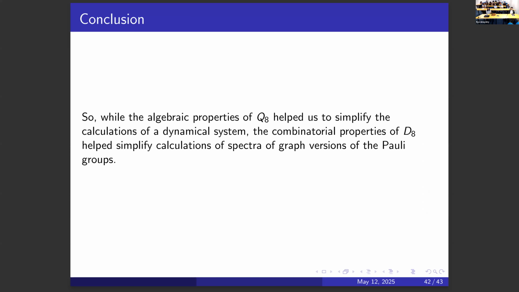Here, the combinatorial properties of D8 help us to simplify the calculations of the spectra of the graph versions of the Pauli groups, which came as a surprise to me because I thought that using D8 would simplify calculations, but it turns out that in the one case, Q8 simplified the calculations, in the other case, D8 simplified the calculations. So we don't really know much about this central product structure, but we are looking into it in terms of general graphs and working on it.